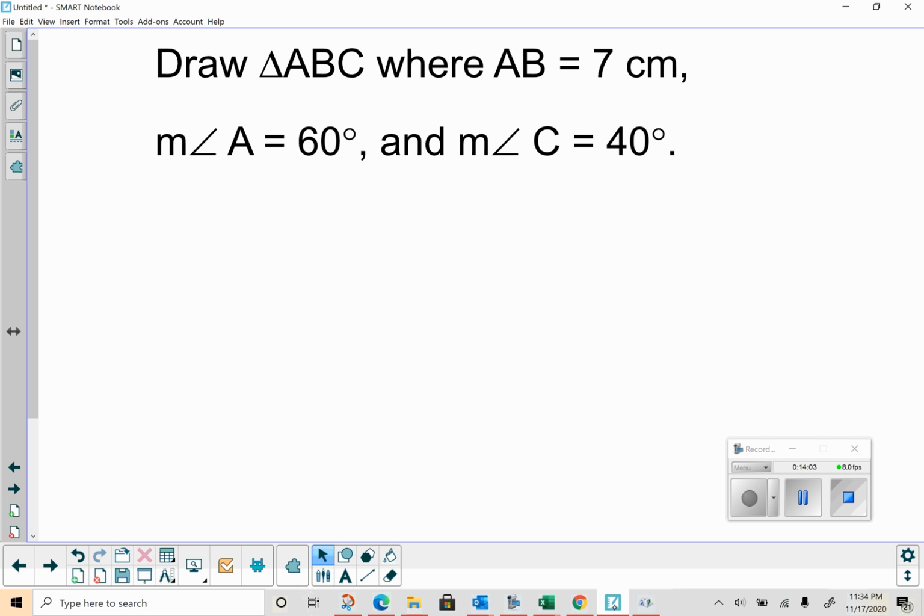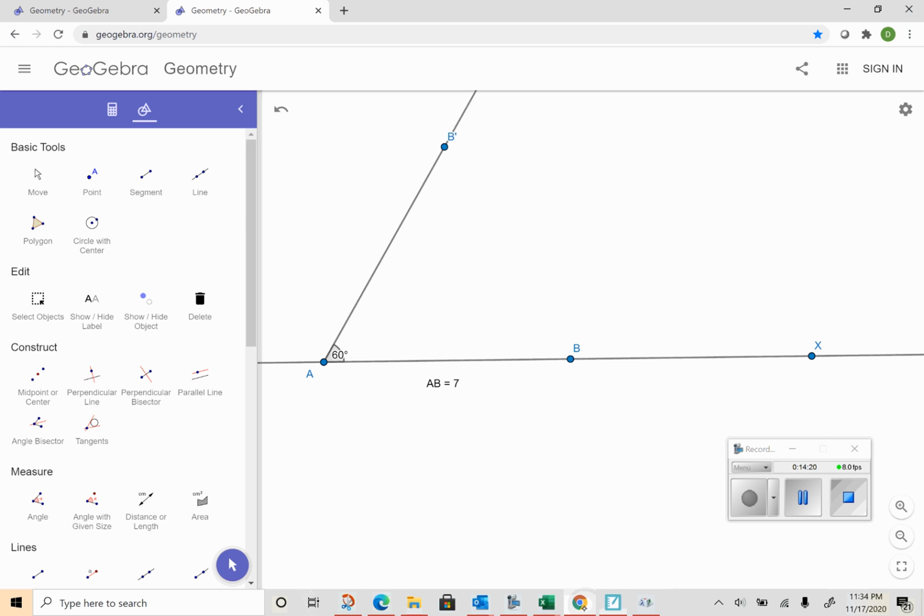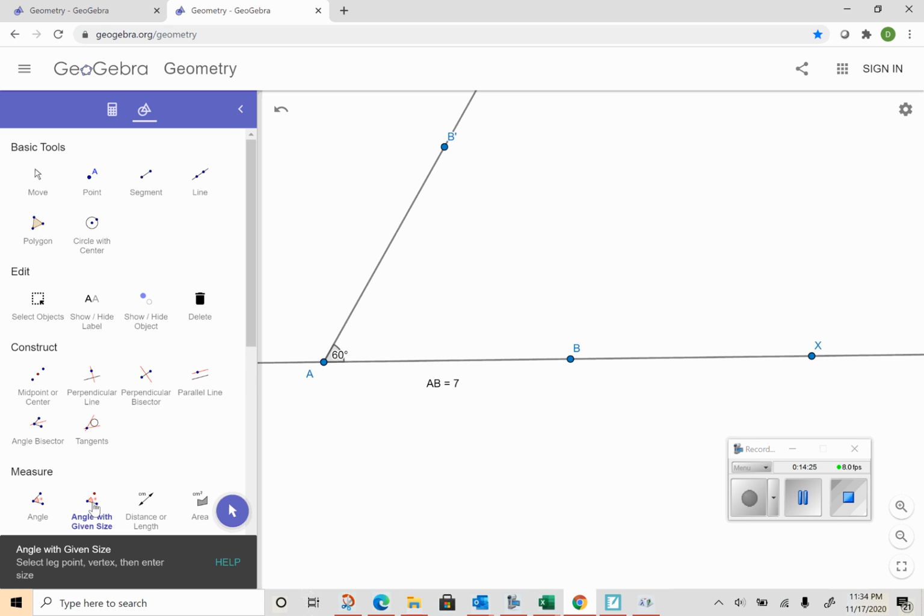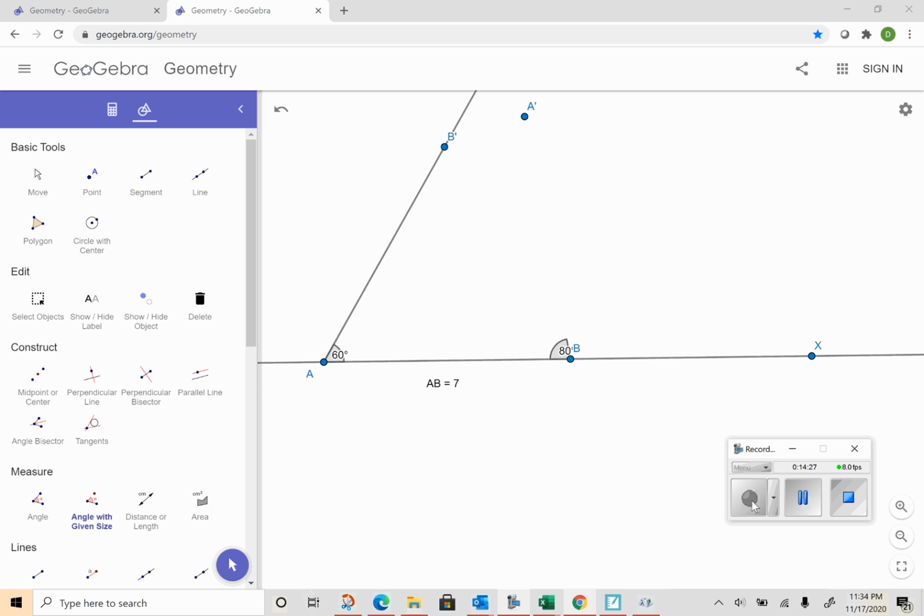If we've got 60 here and 40, that's a sum of 100. The three angles of a triangle have to have a sum of 180 degrees. So by using that other theorem, I can figure out that angle B has to be 80 degrees. So there's my 80-degree angle.